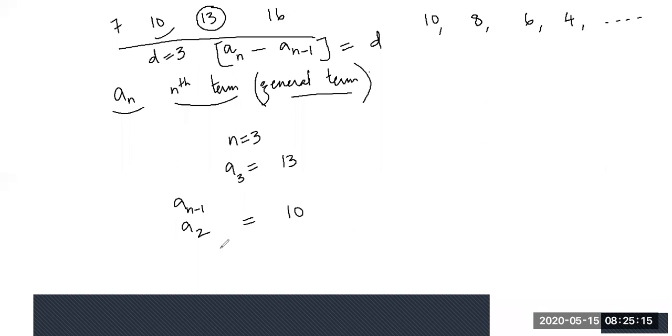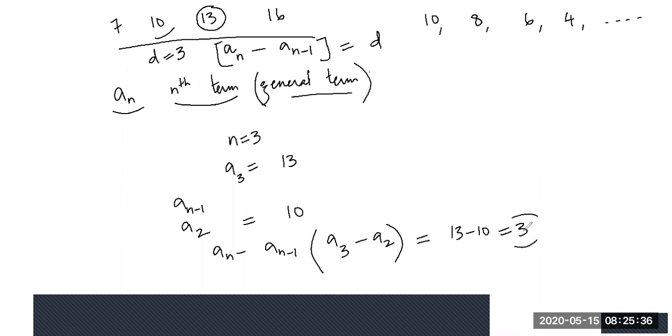So an minus an minus 1 means A3 minus A2, which is 13 minus 10, equal to 3. You see, the value of D is positive. When the value of D is positive, the AP goes up. The numbers increase as compared to the preceding number.